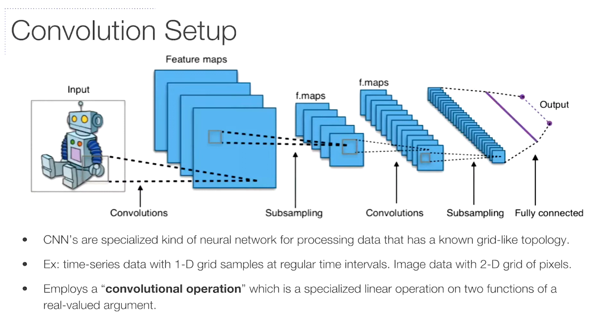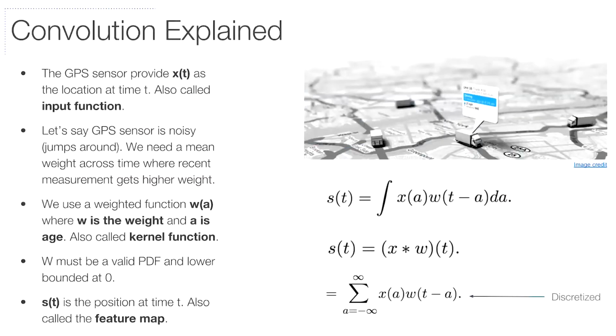We need to understand each one of these, but the first thing that we need to understand is what is a convolution. A convolution can be thought of as an operation, a simple mathematical operation. To understand the concept of that simple mathematical operation, let's go through an example. Let's assume you have a moving object, like you want to track the location of trucks, or you have spaceships and you want to track the location of the spaceship at any given point in time.